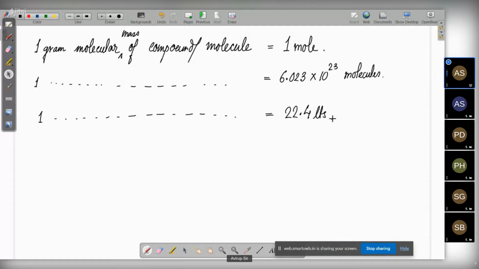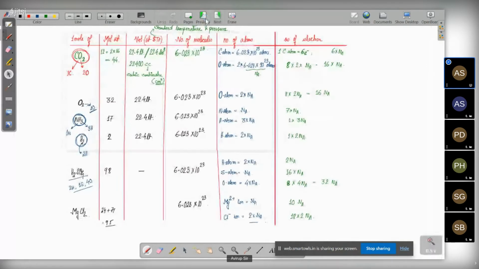So whatever you take, one molecular mass of a substance is 1 mole of that particular thing, it has Avogadro number of molecules, and it occupies a volume of 22.4 liters. This is just a summary of the table, so it is nothing new. We have already seen this in the table. So this is the mole concept.